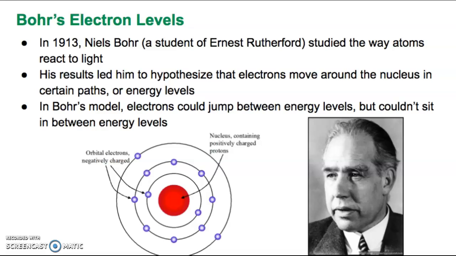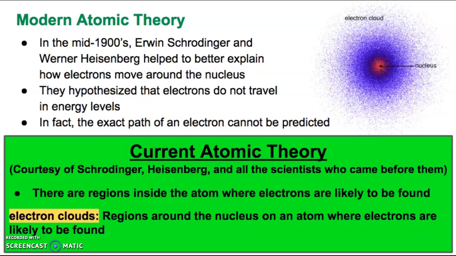He created a model, like the one that you see on the screen, that posited that electrons could jump between these energy levels, but they couldn't sit in between them. In other words, these two electrons floating in the first energy level can't sit in the middle of these rings. They would have to, if they were going to move, jump to the next ring, just one past.